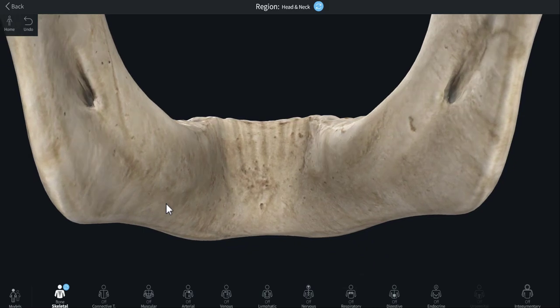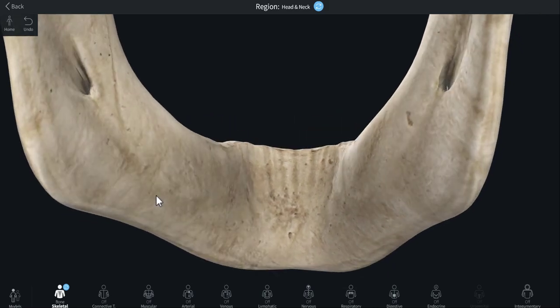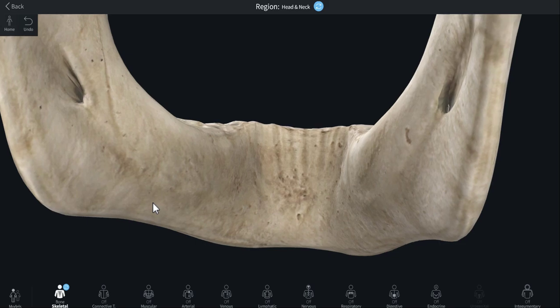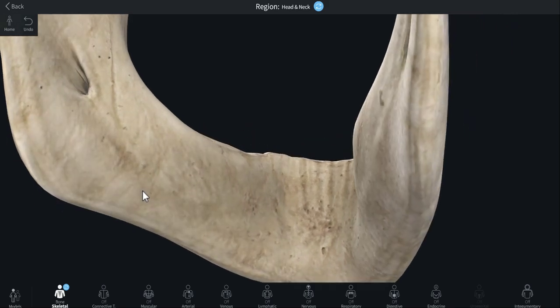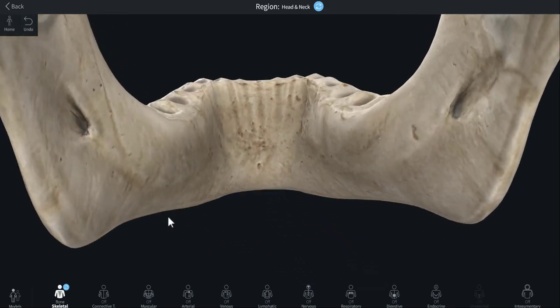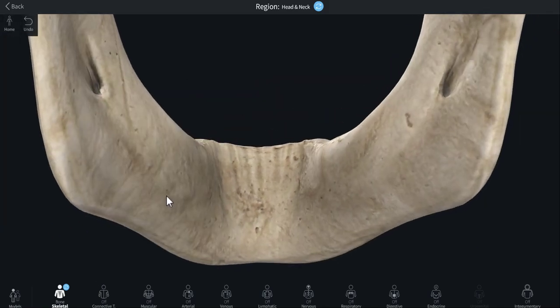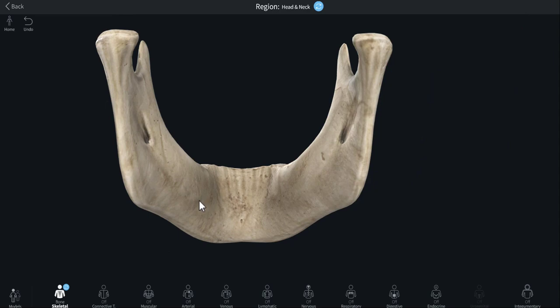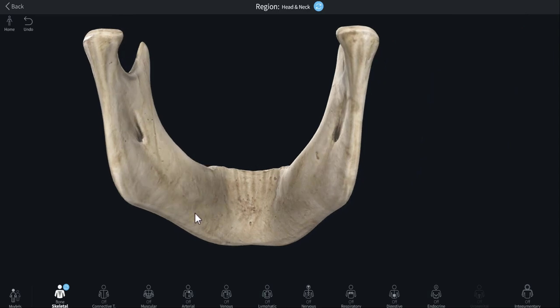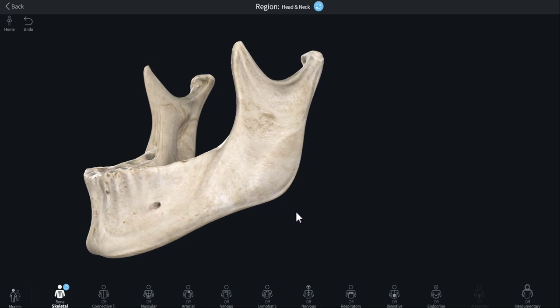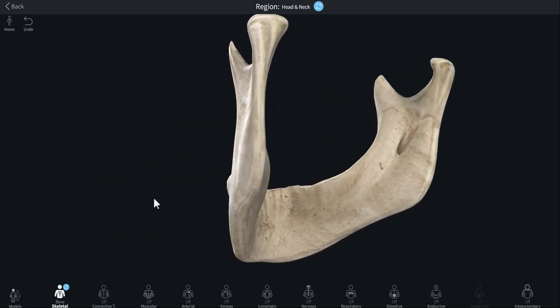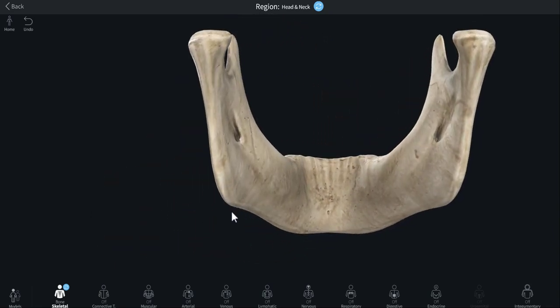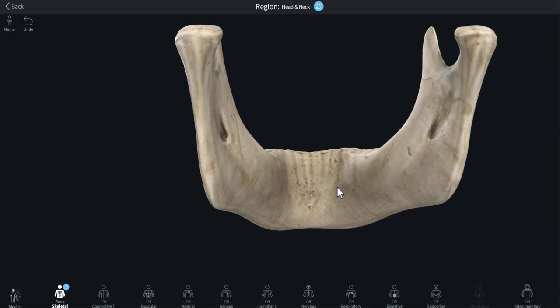But now let's get on with the more important structure, which we can trace out on the internal surface of the body of the mandible. Now, see, we talked about the oblique line externally, right? This was located externally. Just like the oblique line externally, we also have a line internally as well. All right.